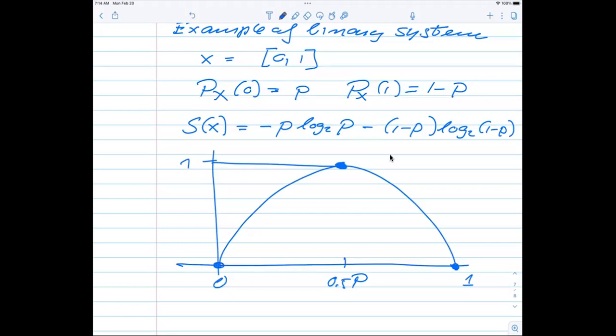And that is the case where we just have one specific outcome. Whereas in the case we have here, we have a mix of P of x0 and P of x1, where we have two specific outcomes with equal probability. When we have the probability equal to 1, then there's only one outcome which is possible. And when we have 0, then there's only one other outcome which is possible.